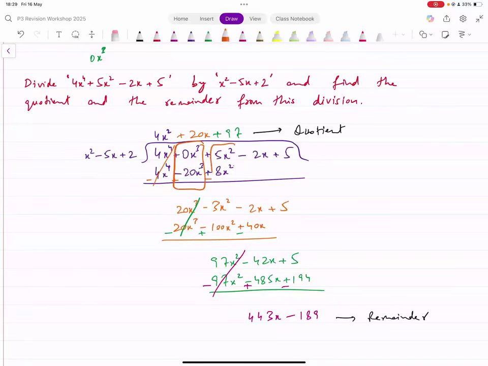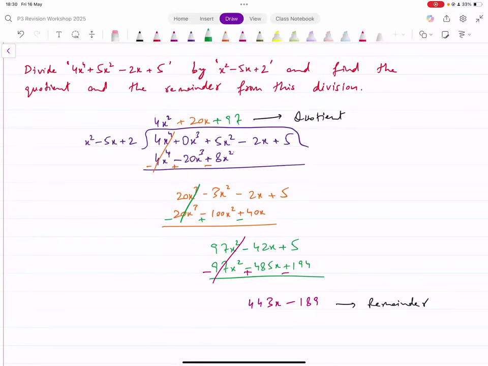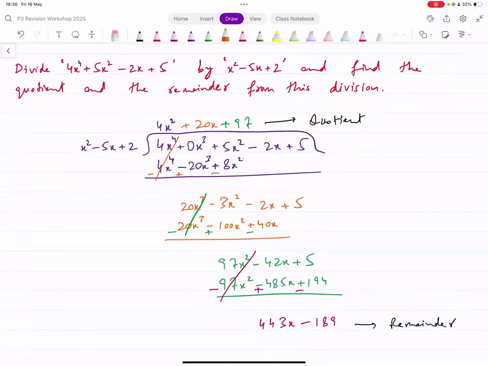X cubed over x cubed, x squared under x squared, and similarly x under x. Otherwise, if you don't do that, the terms do not end up getting aligned like that, and it becomes very confusing at times, and you end up making careless errors. So whenever you have any term missing, either in the dividend or in the divisor, what you should do is add a zero coefficient for that term.